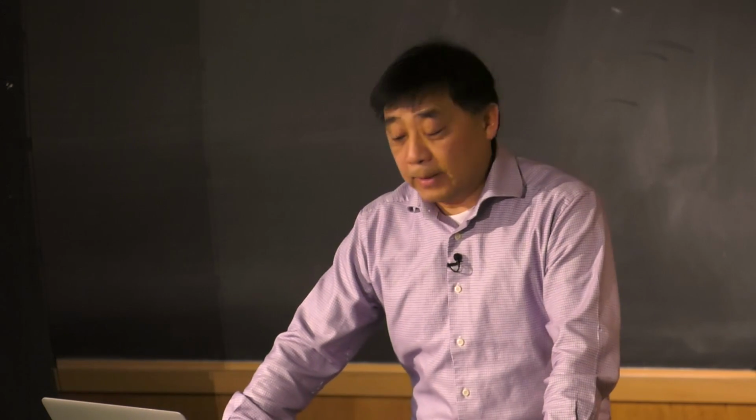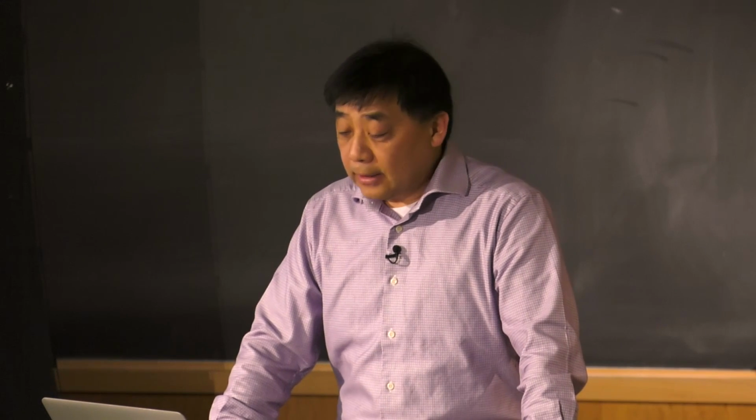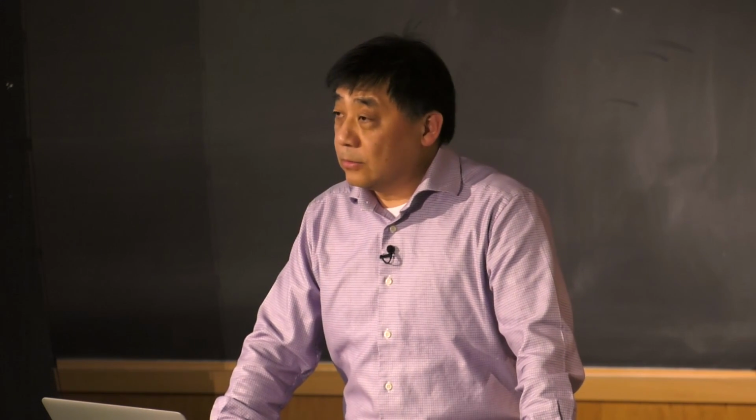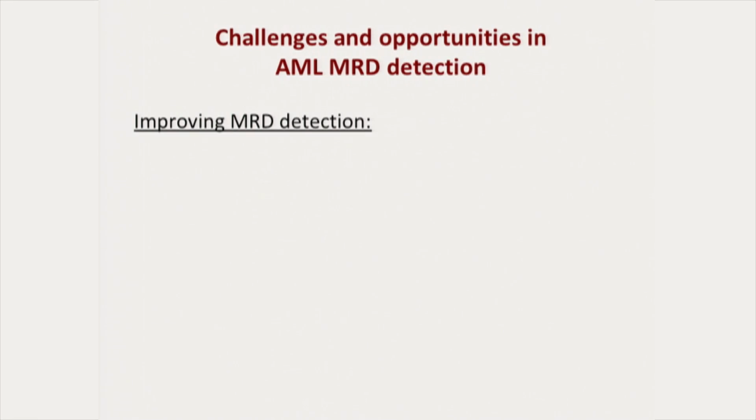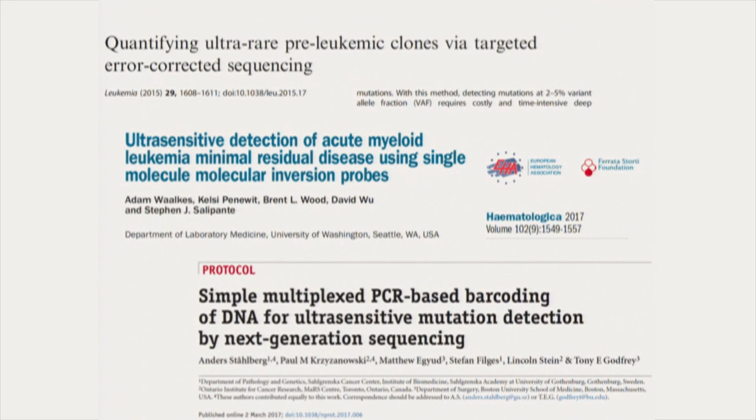By contrast, PCR is sensitive, specific, and relatively easy to standardize, but it is limited to only a few subtypes of AML. In this context, the future is perhaps in NGS, especially error-corrected NGS.